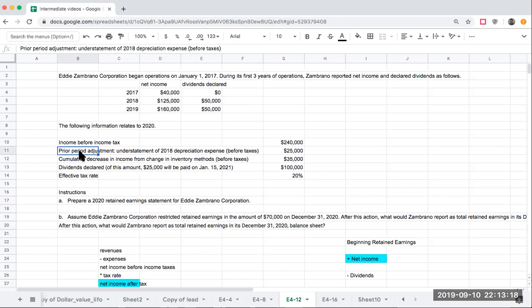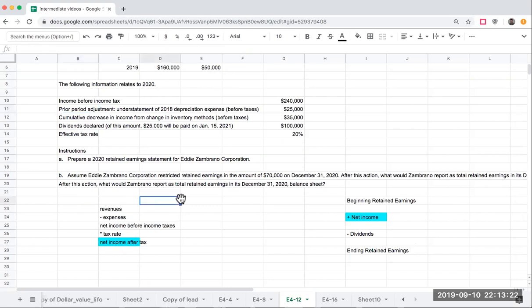The important thing to remember is that if we're showing numbers for 2020 in our income statement, the investor or third party reviewing these financial statements is thinking this information relates to 2020.